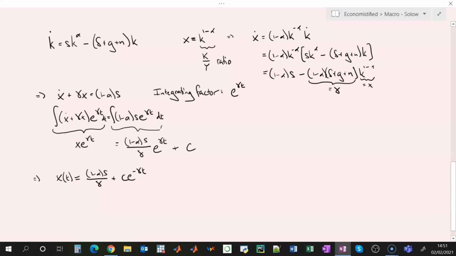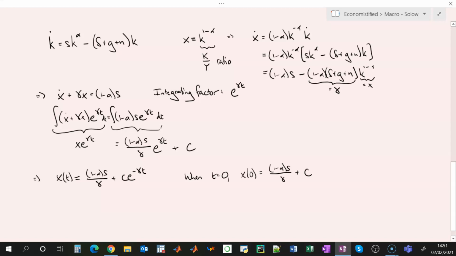And now we can figure out what c is. When t equals 0, x of 0 is just equal to 1 minus alpha times s over gamma plus c.